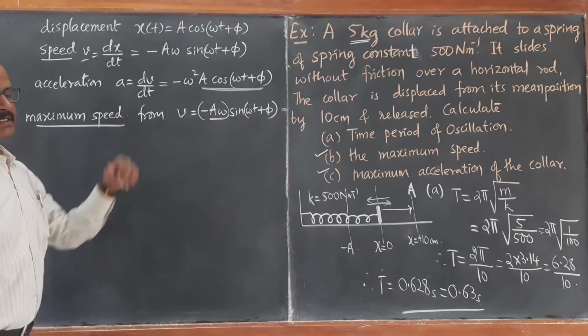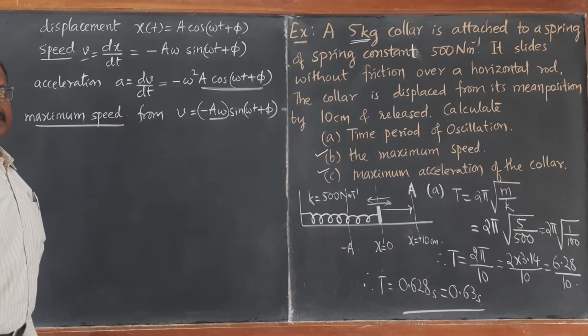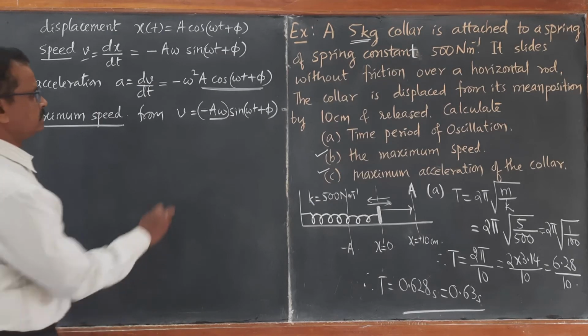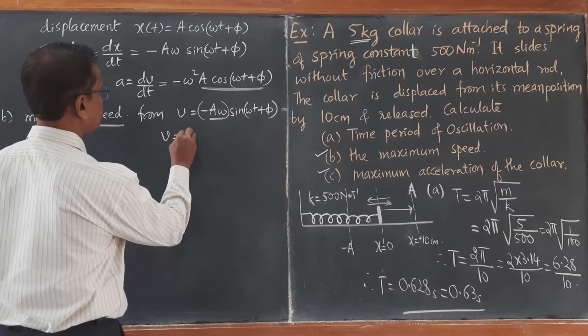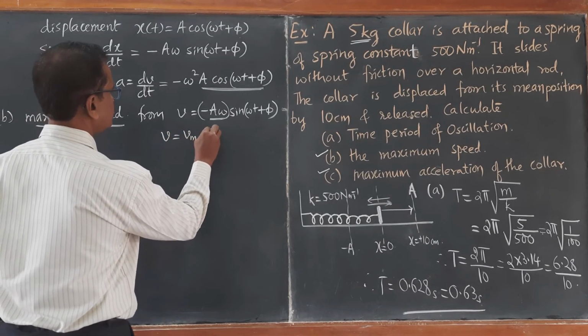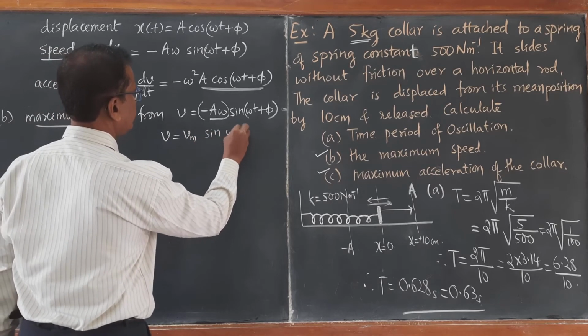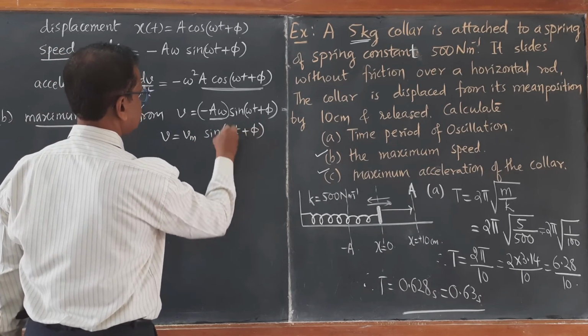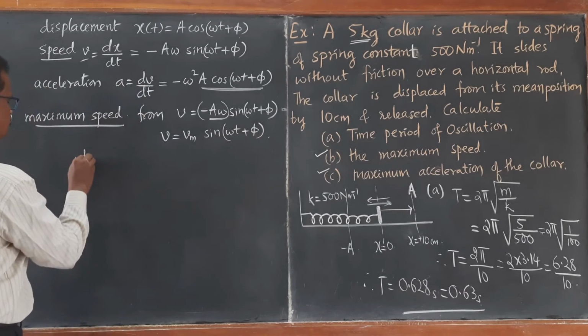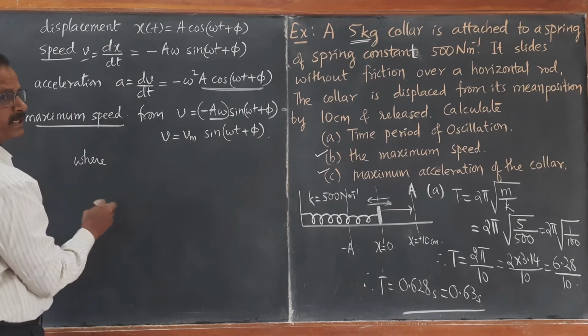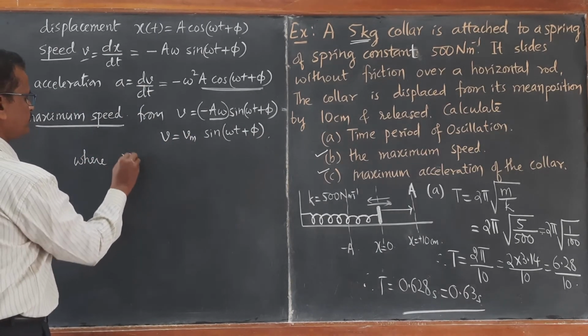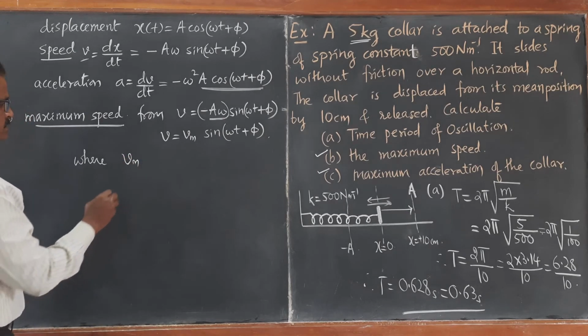So this becomes the maximum speed, that is the amplitude of speed. Therefore, I can write v equal to Vm sin(omega t plus phi), where Vm is the amplitude of speed, that is V max, the maximum speed.